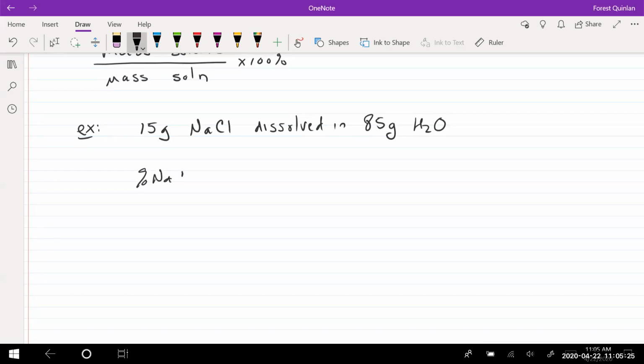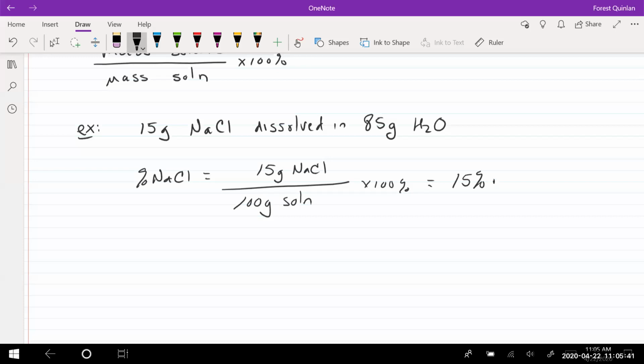My percent of sodium chloride is equal to the 15 grams of sodium chloride over the 100 grams of solution. Of course, times 100% means that it is an easy 15% NaCl. Just to remind you that the 100 grams is the 15 grams of solute plus 85 grams of solvent. That's how you get that 100.